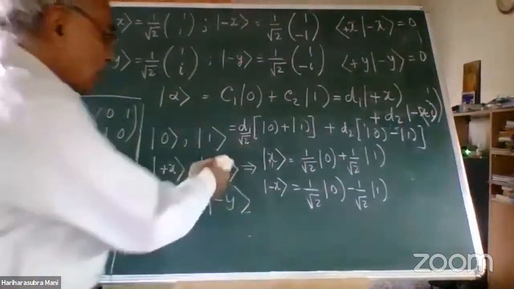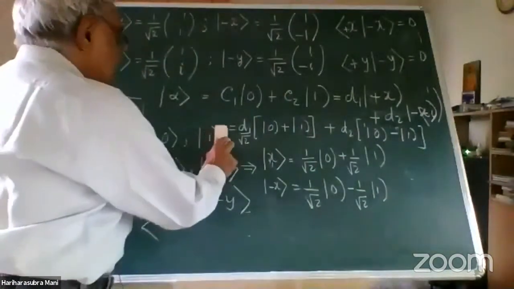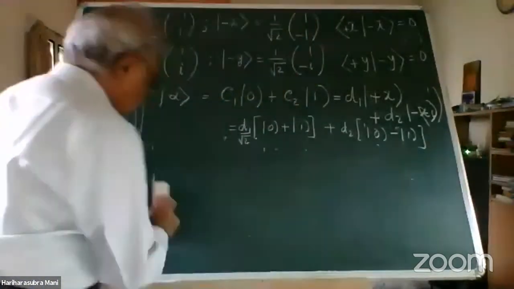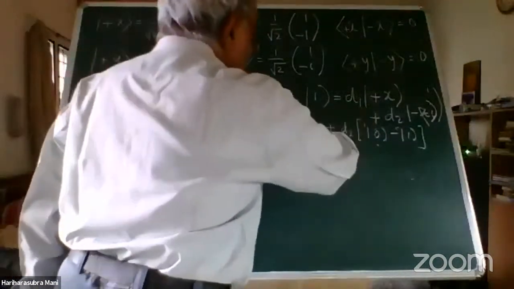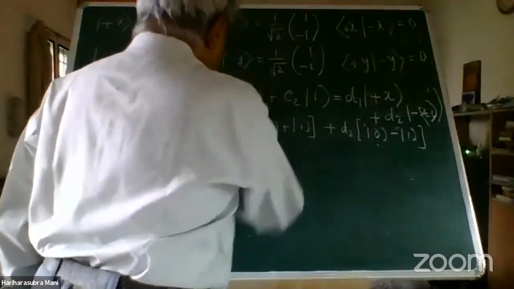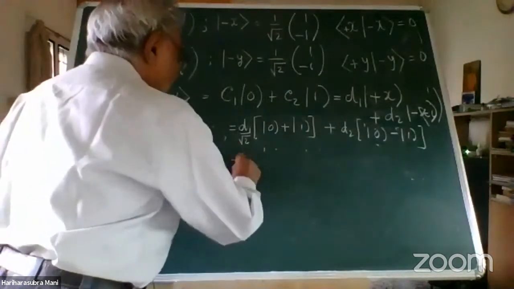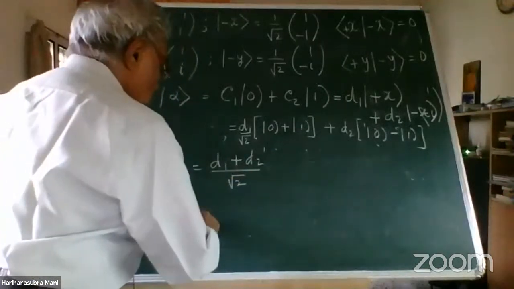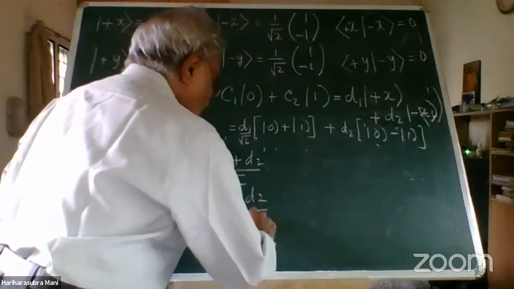Okay, now all I have to do is collect my 0 to make it C1. So I collect from here, the coefficient of 0: C1 is equal to D1 plus D2 by root 2. And C2 is D1 minus D2 by root 2.